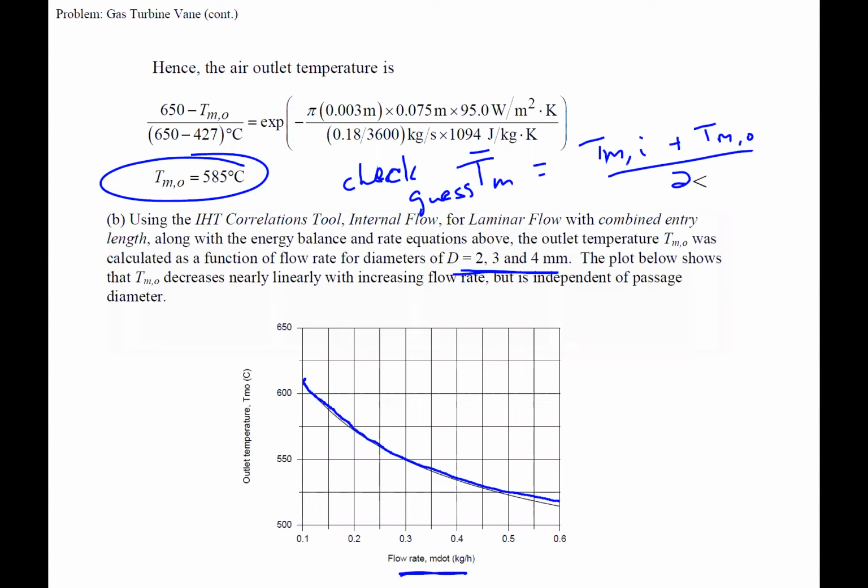So we have a very low mass flow rate. The air ends up going from 427 to above 600, right? Very high mass flow rate, it goes from 427 only to like 410.